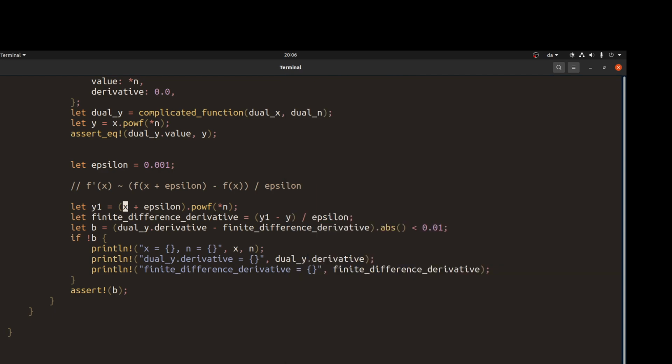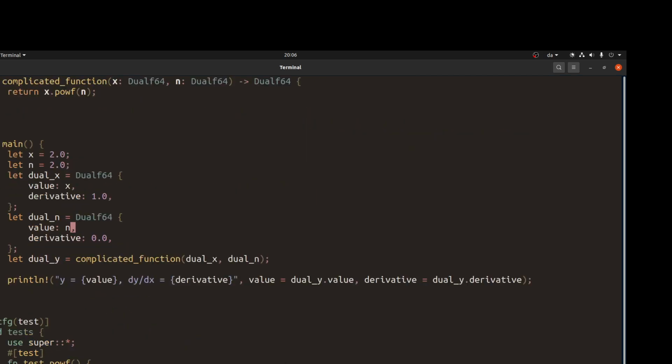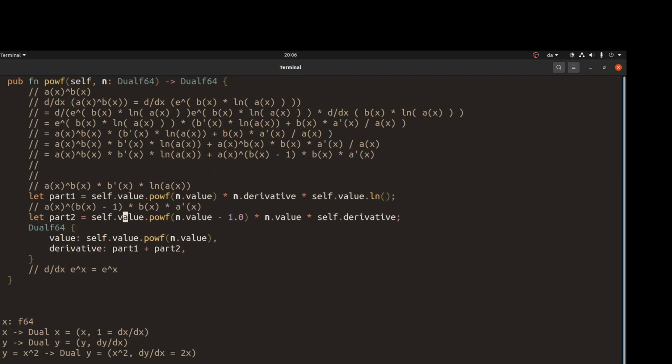Yeah. Okay, so why does it become not a number? It's probably because of the logarithm. We take the logarithm of 0, which is not defined.